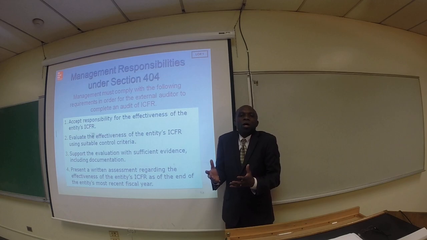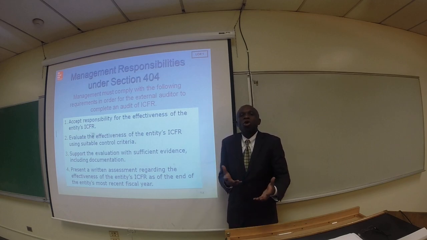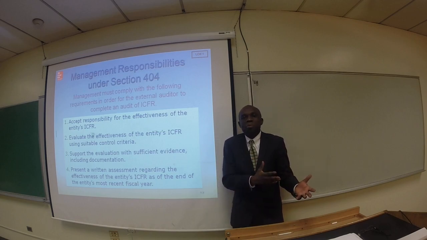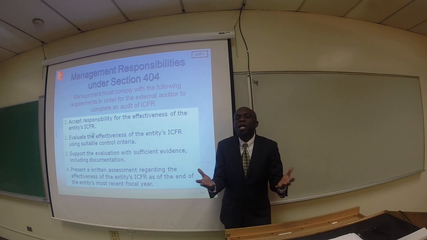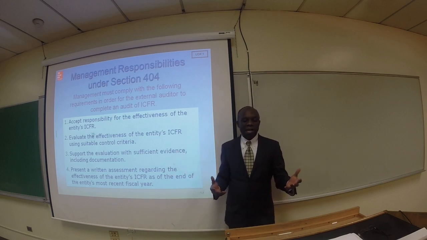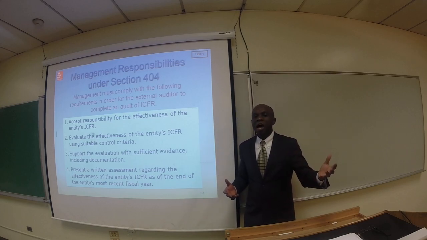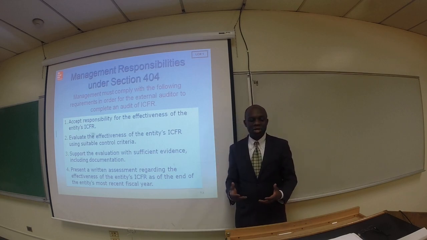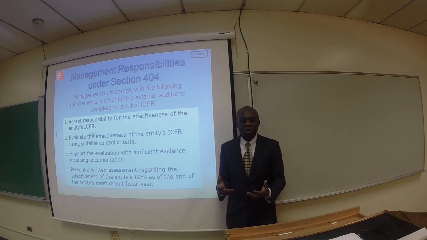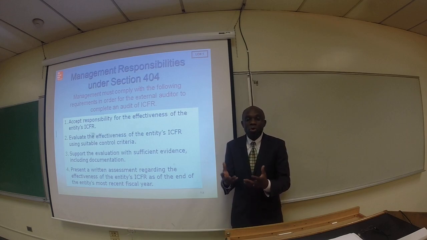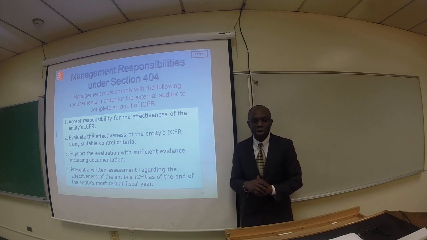A suitable criteria for determining your understanding of the principles and concepts that we discussed in Accounting 101 is to take a look at your grades. If you have an F grade, then it is very likely that you really didn't have a good understanding of the principles and concepts in that class. So here management has to evaluate the effectiveness of the entity's internal control over financial reporting using a suitable control criteria, which we are going to talk about later.